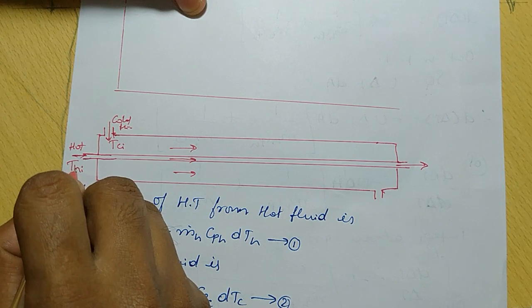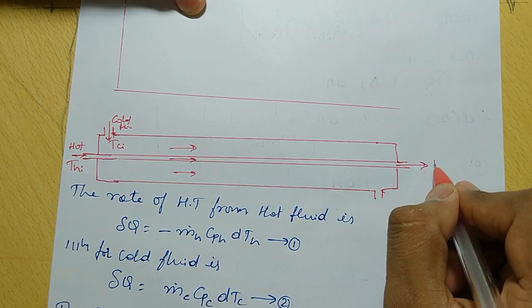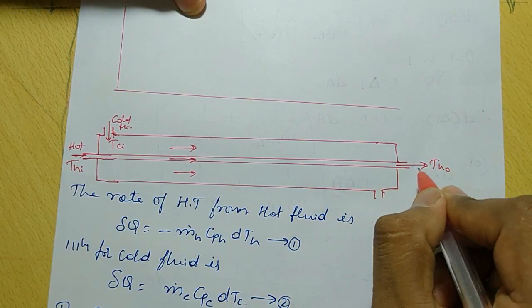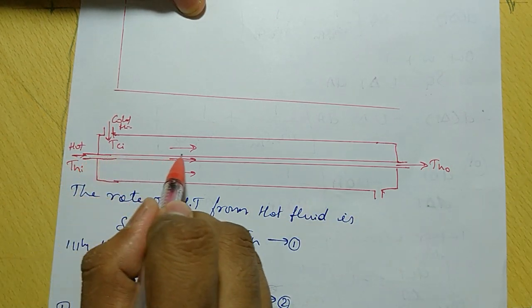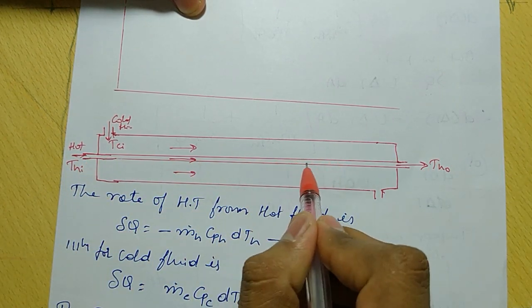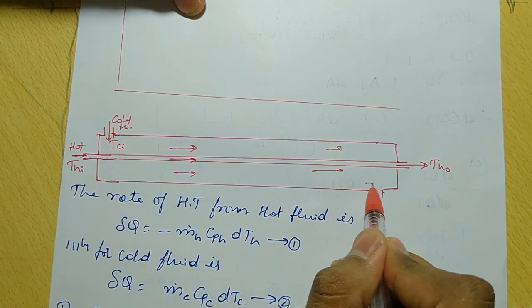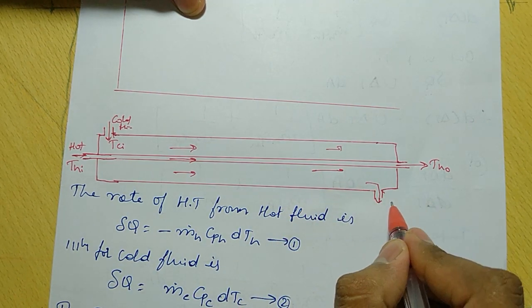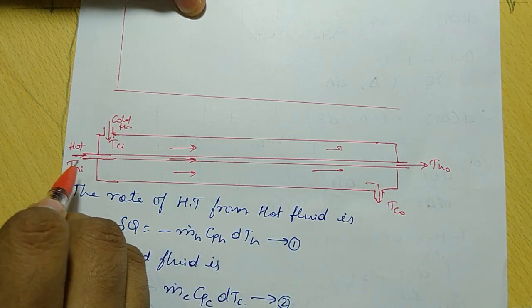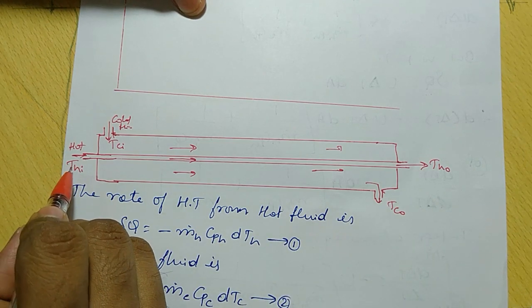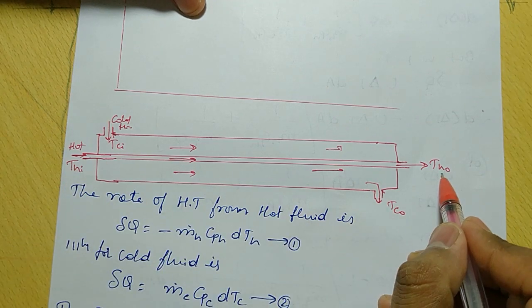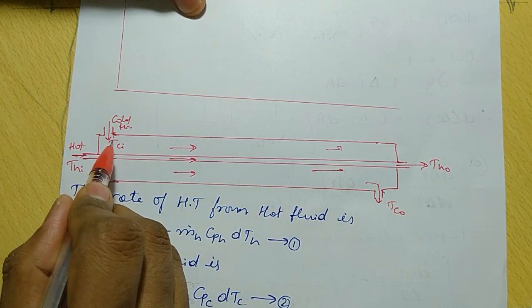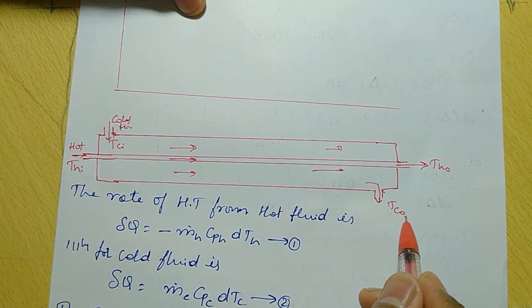THI is the hot fluid entering, THO is the hot fluid leaving the heat exchanger. Then this cold fluid moves over the inside pipe and finally comes out here. This is the cold fluid outlet. Totally four temperatures: hot fluid inlet, hot fluid outlet, cold fluid inlet, cold fluid outlet.